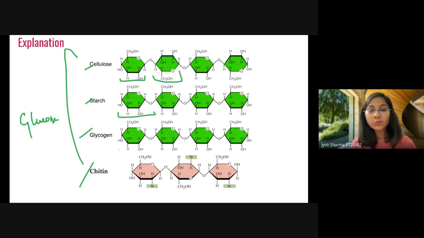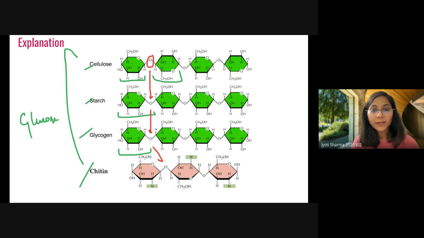But how one glucose is connecting with another glucose will give rise to the difference between cellulose, starch, glycogen, and chitin. So if you see here the bond, the important thing is to see here. How this is bonding here is different from this one, this is different from this one, and this is different from this one.